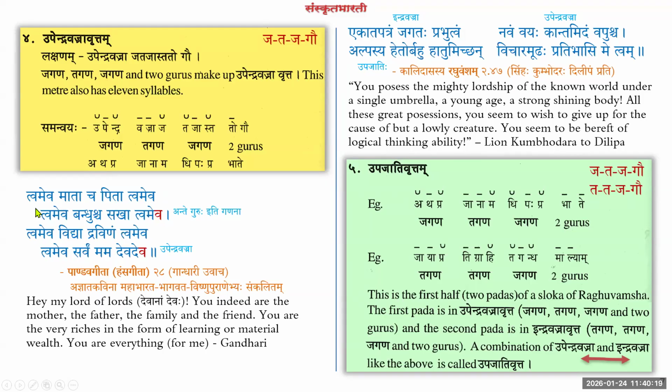Tvameva mata cha pita tvameva, tvameva bandhuscha sakha tvameva, tvameva vidya dravinam tvameva, tvameva sarvam mama deva deva. Upendra Vajra. Sir, this chandas description is only for a pada. So maybe that's why the last one has to be a guru.